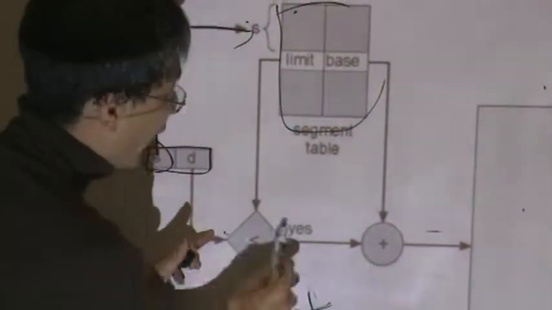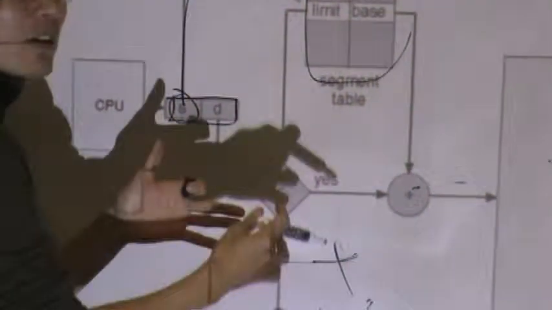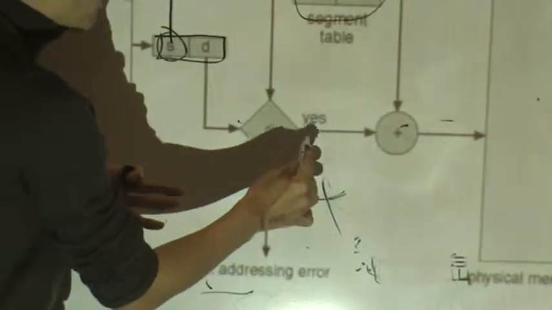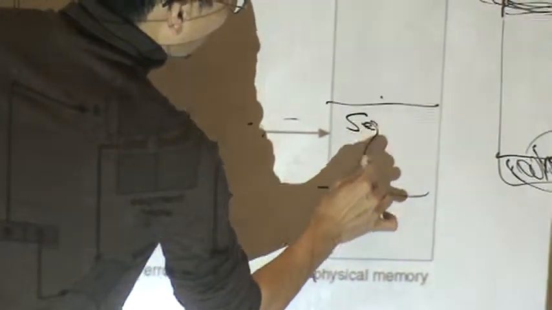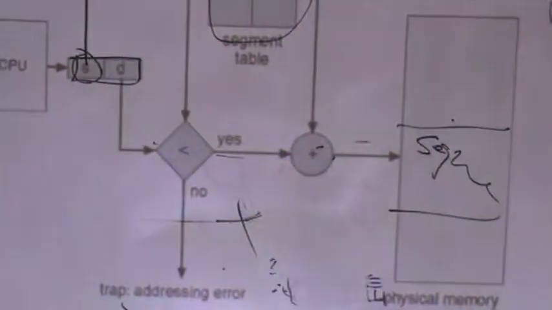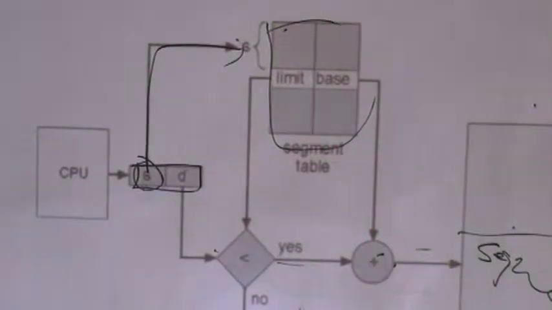If the address is out of range, definitely it's a trap, an exception handling. Otherwise we can eventually find the specific segment and read the instruction. Then the CPU will process it. So that is segmentation-based process memory management.